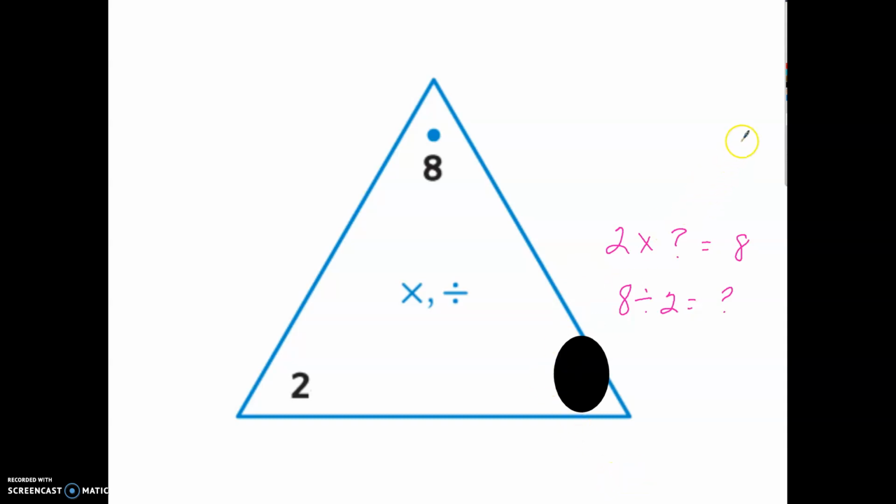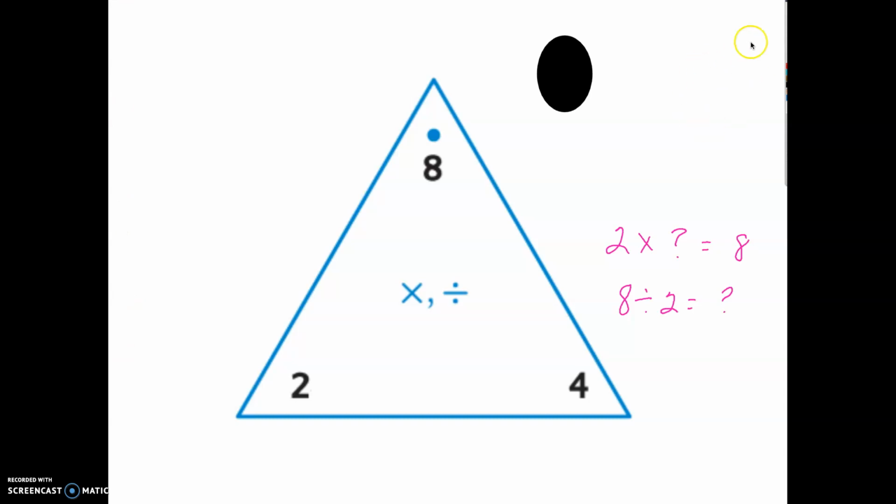So there are lots of different ways that we can practice our fluency of multiplication and division problems using fact triangles. Like I said, I've made copies and I've sent them home. You can cut out these fact triangles, put them in a Ziploc bag, and in a little bit I'm going to explain an activity that you can do using your fact triangles.